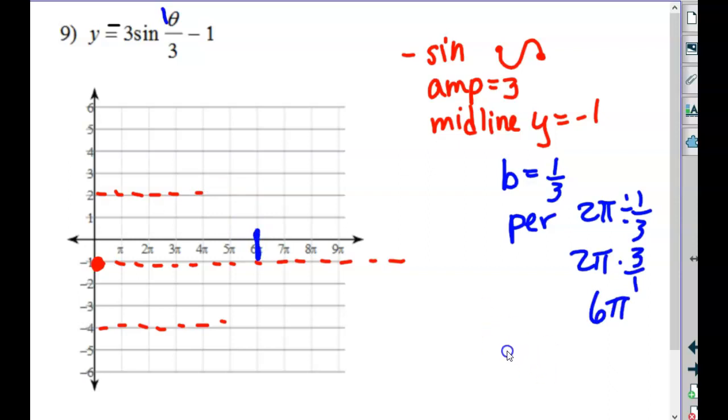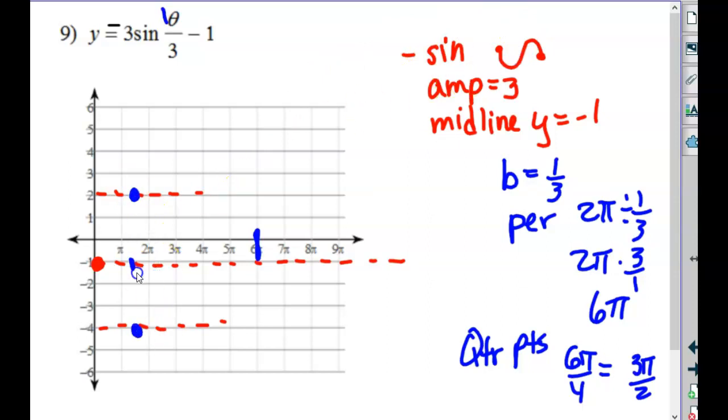So where are the quarter points? 6 pi divided by 4 is every 1.5 pi, or 3 halves pi. So at 3 halves, it's going to hit the max, because this is the, oh man, just kidding. It's going down first.